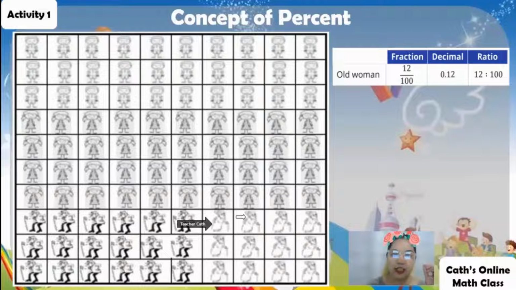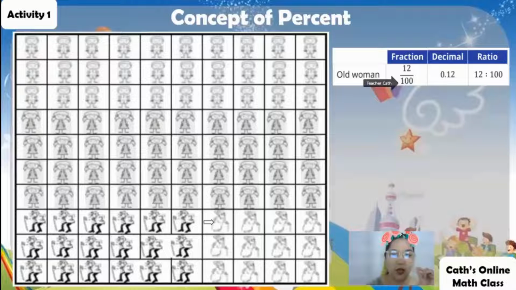So let's take a look at the old woman. All of the persons here are 100, so that will be our second term. And how many old women are there?